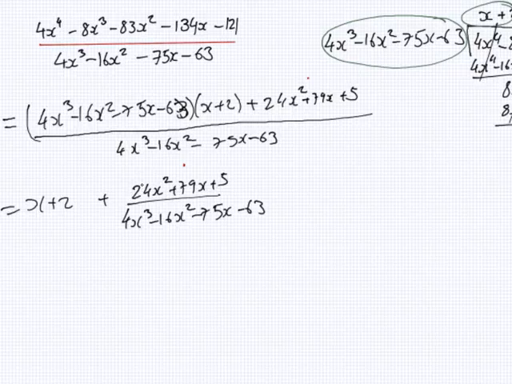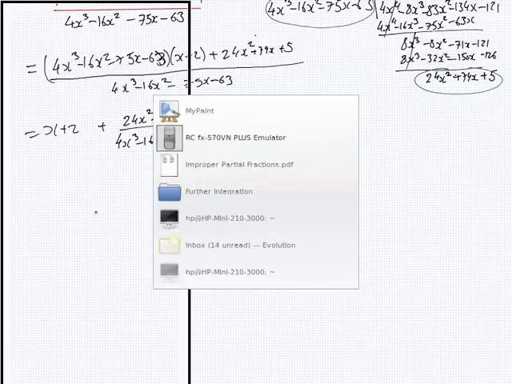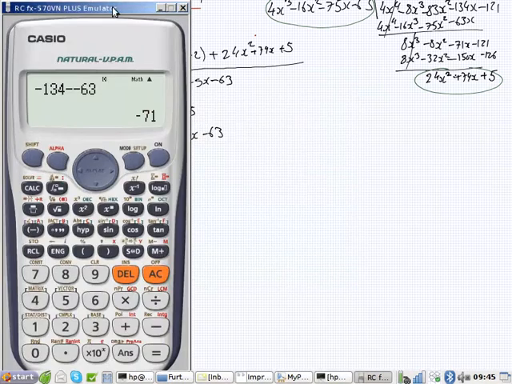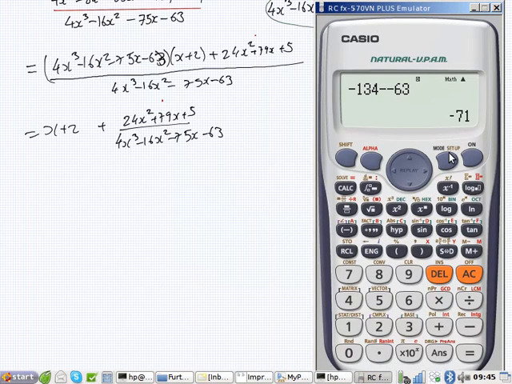Right, so now let's have a look at this. Calculator time. Mode 5, 4: 4, minus 16, minus 75, minus 63, and we get 7.